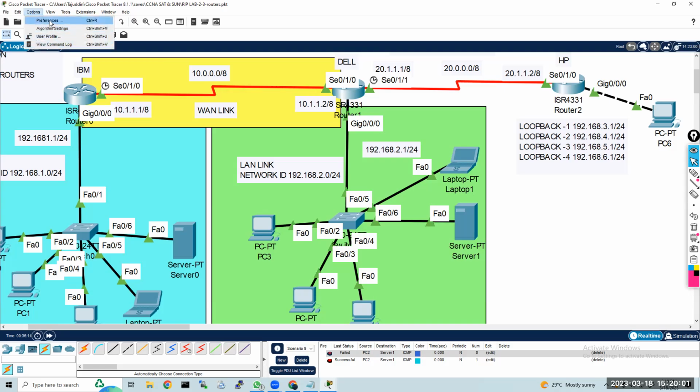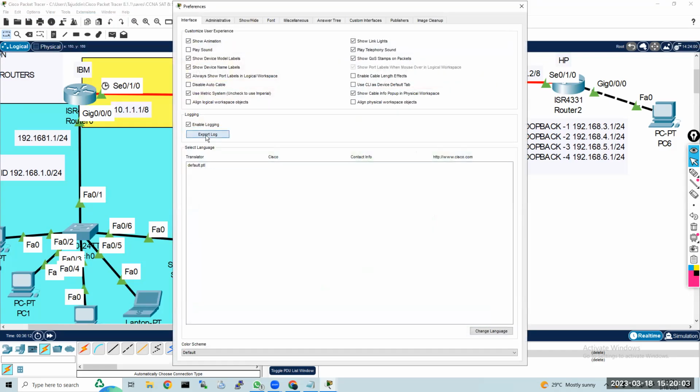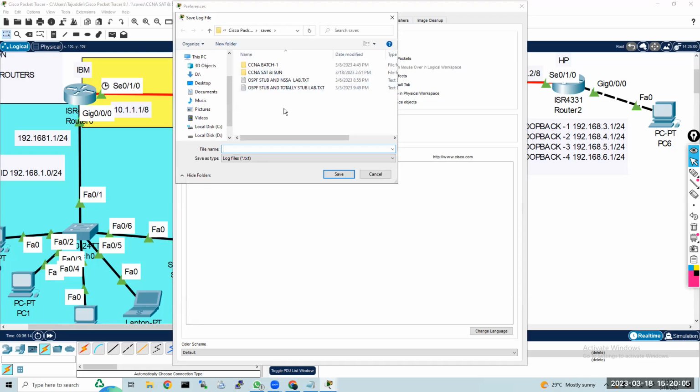Okay, I'll go to preference, export this one. This is RIP lab 3 using 3 routers. Text file.